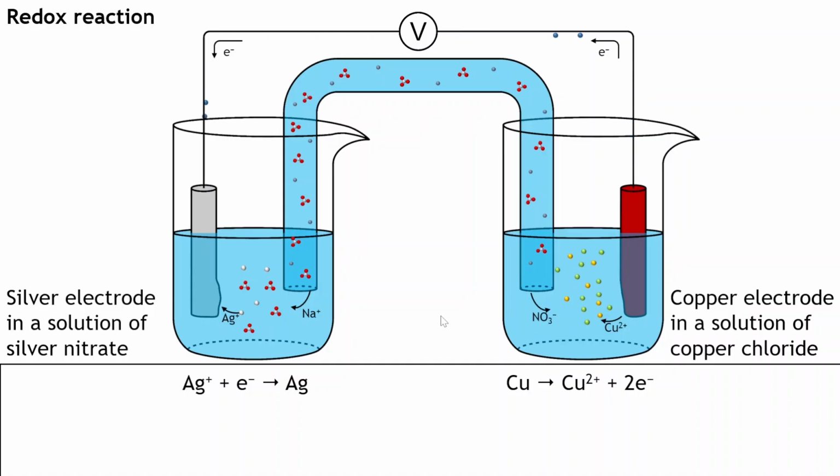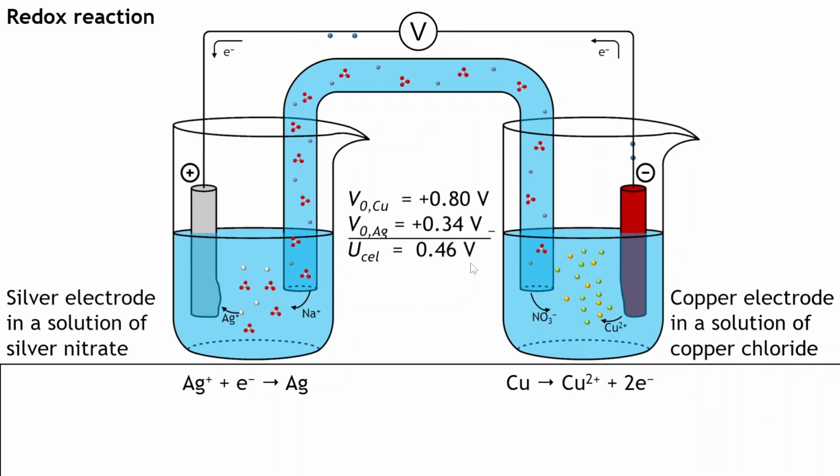Now, oxidation takes place on the right, making the copper electrode the negative electrode. Reduction takes place on the left side, making the silver electrode the positive electrode. Also, the potential changes to a mere 0.46 volts.